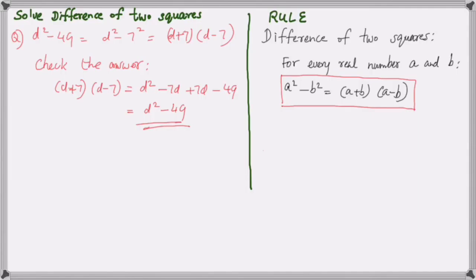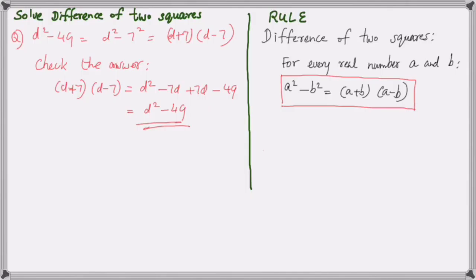To summarize, here what we did is that d square minus 49, we wrote it as d square minus 7 square, because 7 square is 49. In other words, the root of 49 is 7, right? Okay, so if you look at the rule right here, how do you solve the difference of two squares?